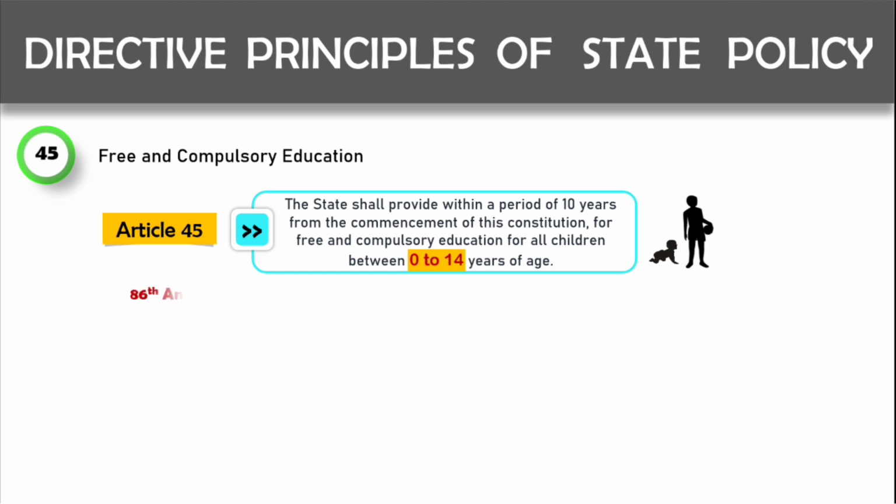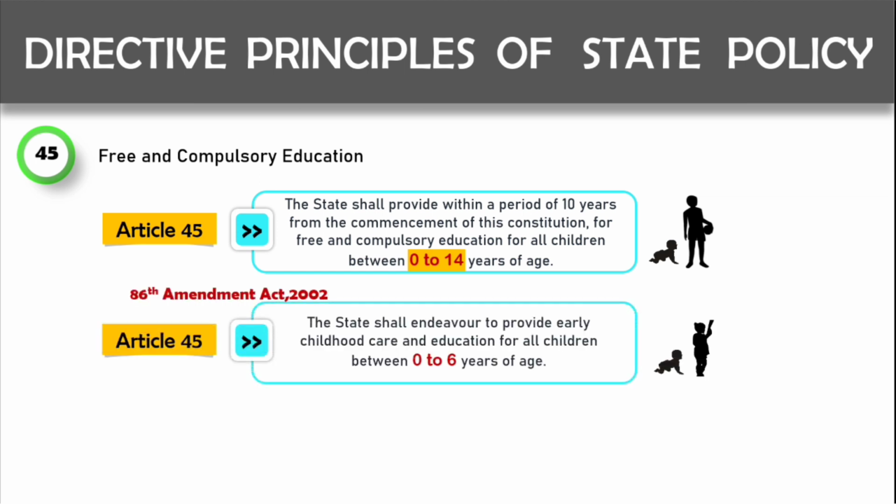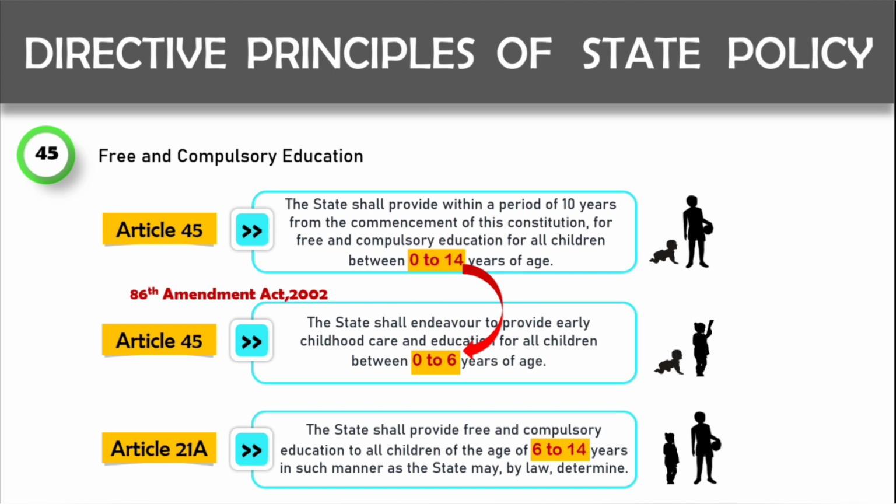But after the 86th Amendment Act of 2002, this age group was changed from 0 to 14 years to 0 to 6 years. So here in this article, the age group of children was reduced, and for the rest of the children of age group 6 to 14 years, their free and compulsory education was made part of the fundamental rights as Article 21A.